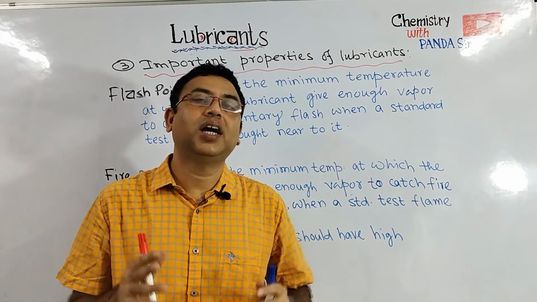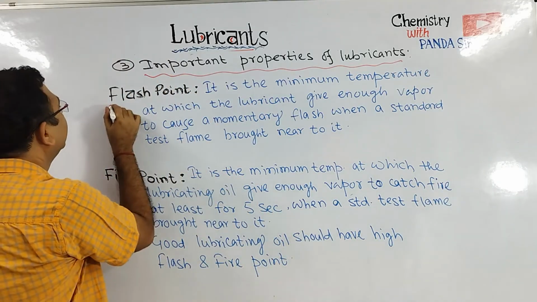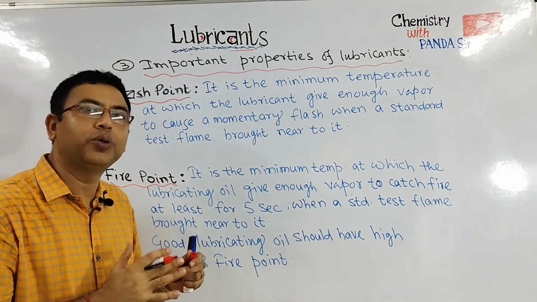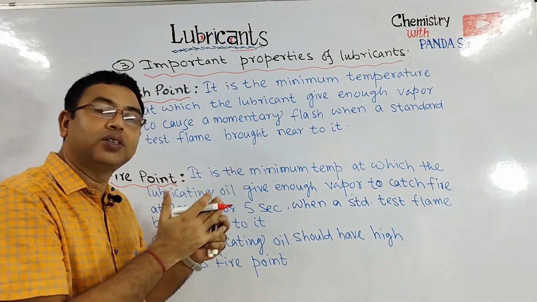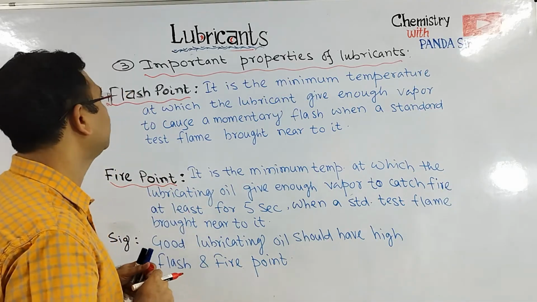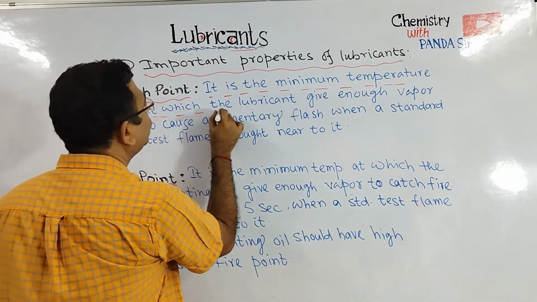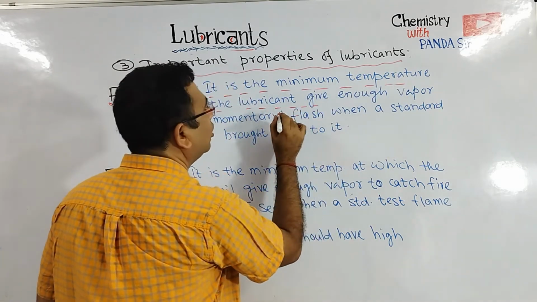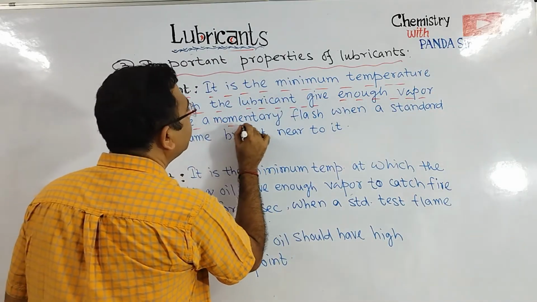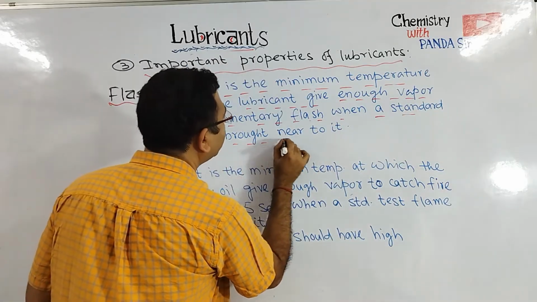Now let's discuss our second important property, known as the flash point and fire point. Before I discuss the importance of the flash point and fire point, let us understand the definition of the flash point. It is the minimum temperature at which the lubricating oil or lubricant gives enough vapor to cause a momentary flash when a standard test flame is brought near to it.